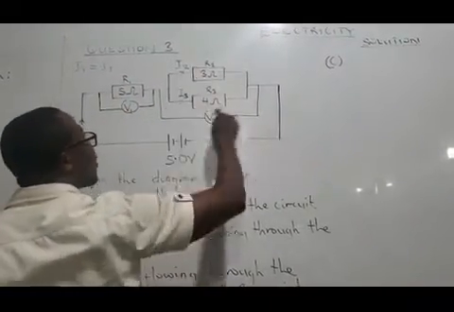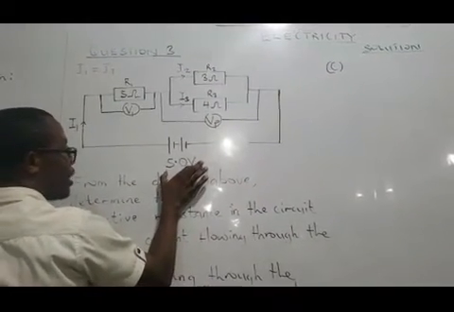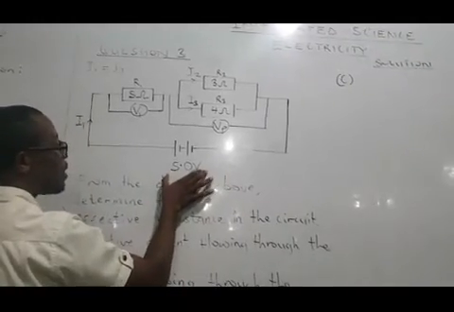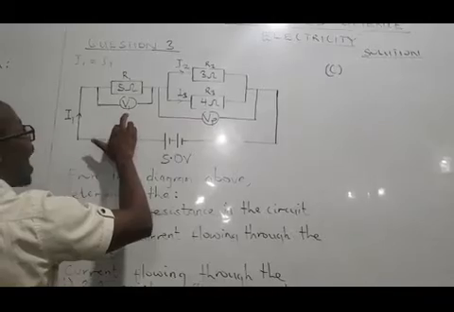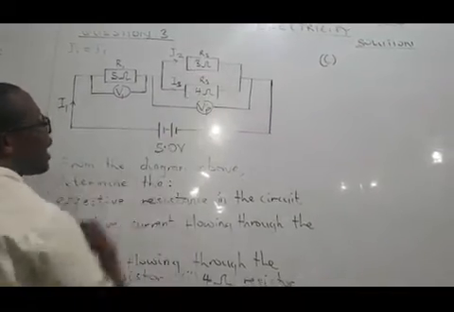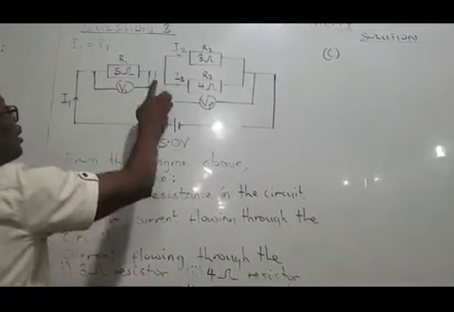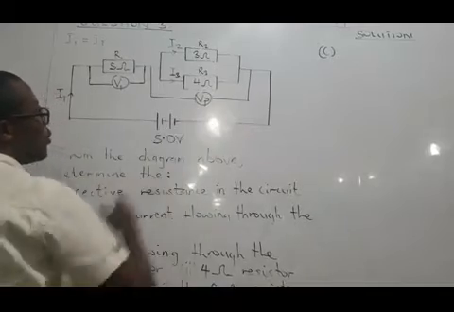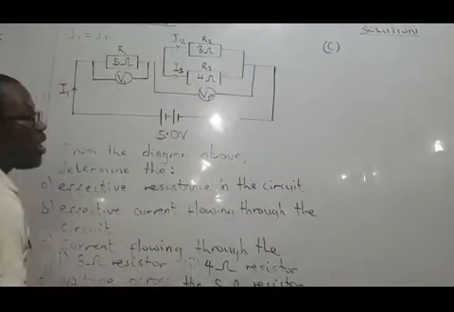So the voltage across this parallel connection cannot be equal to the total voltage, which is the 5.0 volts. But rather, this 5.0 volts is equal to the voltage across R1 plus the voltage across R2 and then R3. In that case, the voltage across R1 is V1. The voltage across R2 and R3 is equal to Vp. So when you sum up these two voltages, that will be equal to the 5.0 volts.